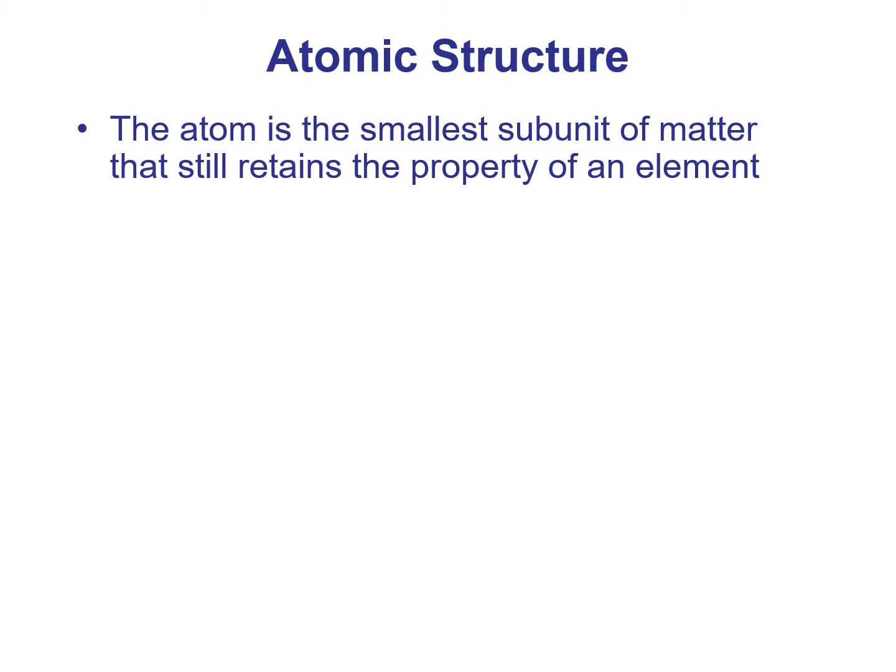You could take that bar, you could cut it in half, you could cut that half in half, you could keep cutting it in half until you got down to one atom. And that atom would share all the properties and characteristics that we associate with gold. And of course, if we divided the atom further, then we lose those characteristics.